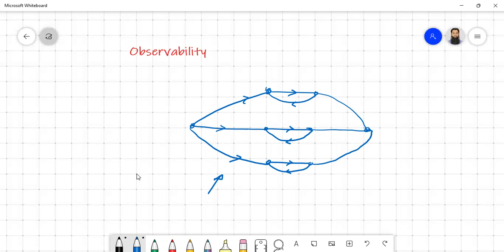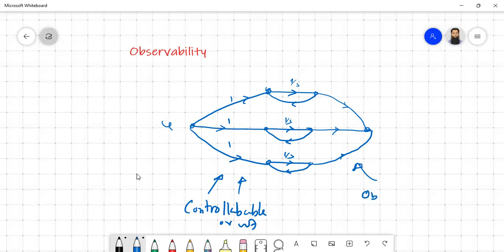In this particular example, these are all 1/s, 1/s, 1/s, whatever the gain, and they are connected to the input. From this side, we estimate whether the system is controllable or not, and from the other side, we investigate whether the system is observable or not.